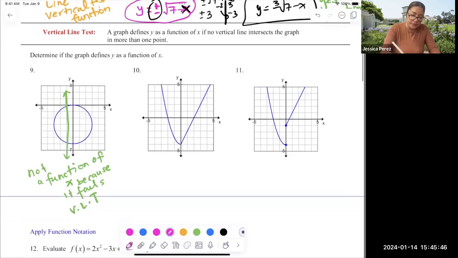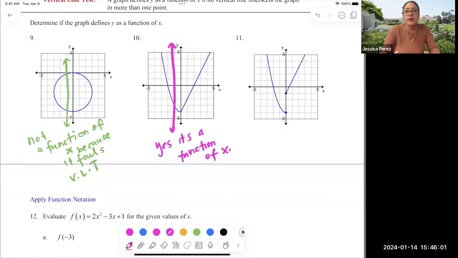But this one, if we pick a line, this one is okay. So yes, it's a function of x for the same reason. This one, so let's say here, what do we notice about whether this is a function or not?